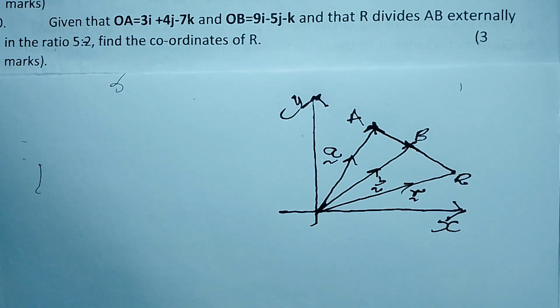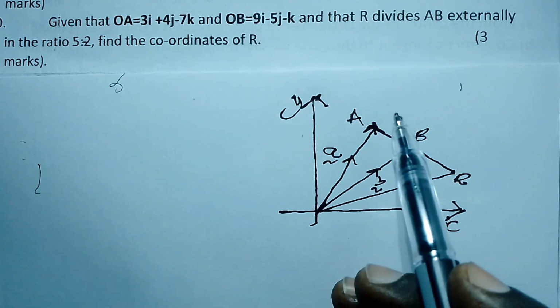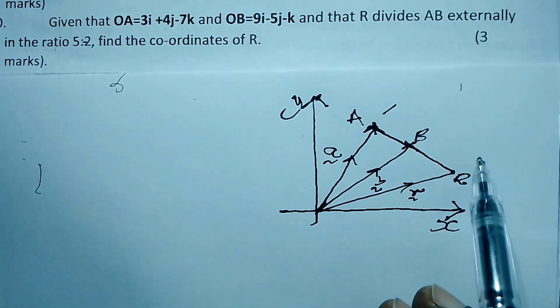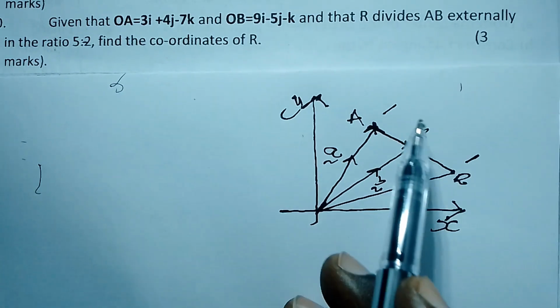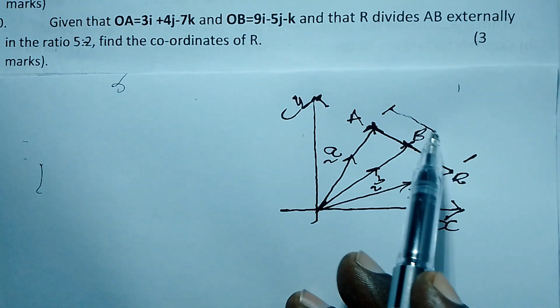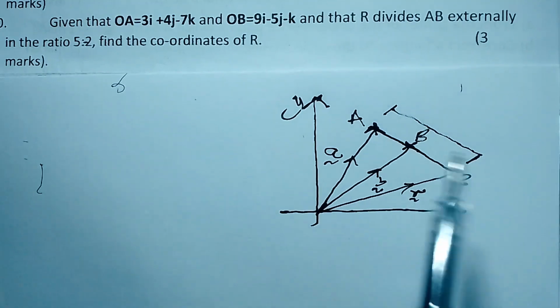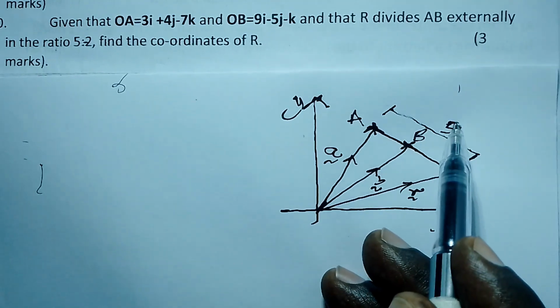From the statement given, R divides AB externally in the ratio 5:2. Therefore, from A to R, we have 5 units. A to R, 5 units.